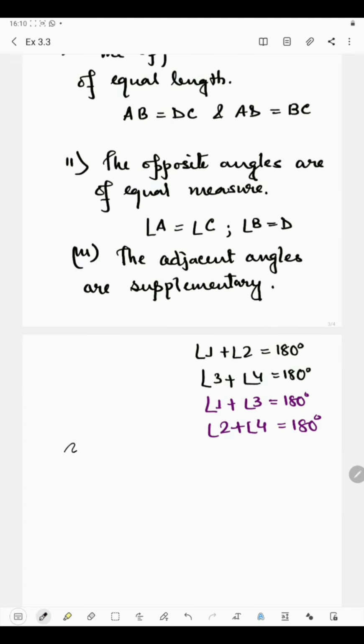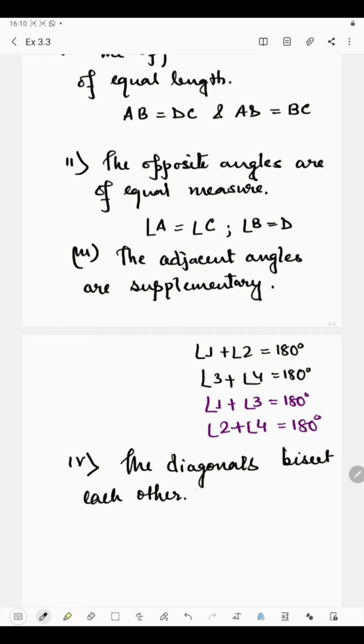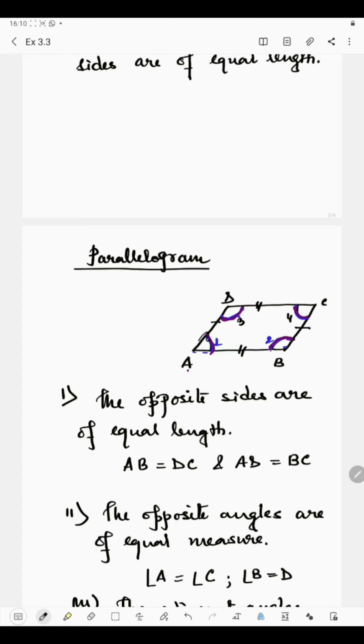The last property of a parallelogram is that the diagonals of a parallelogram bisect each other. Now let us draw the diagonals. If we join two non-consecutive vertices like A and C, you will get a line segment, and this is called a diagonal.